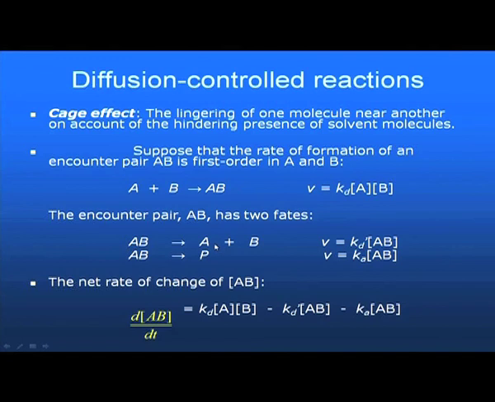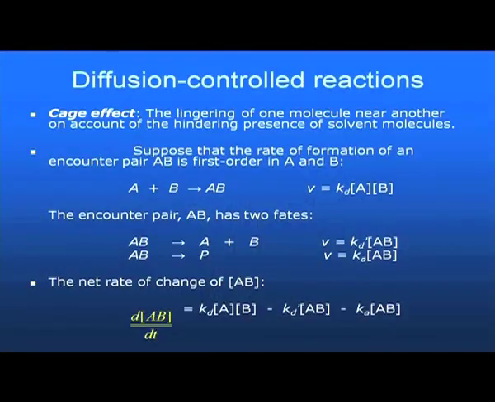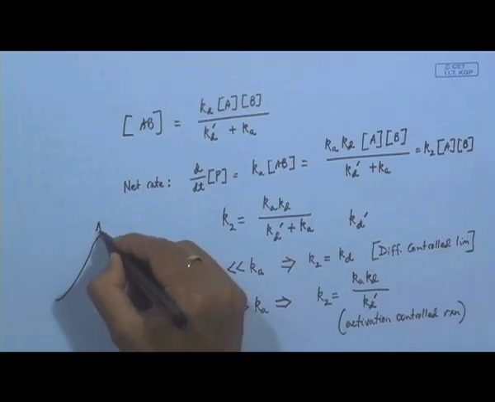Once it is formed it will tend to dissociate. The situation is similar to an activation process, as if the reaction is passing through an activation barrier. That means you have got this AB.